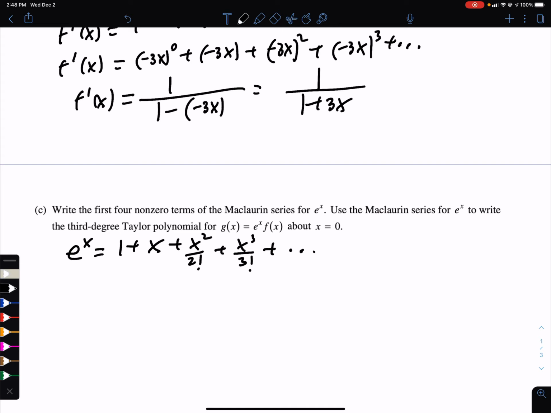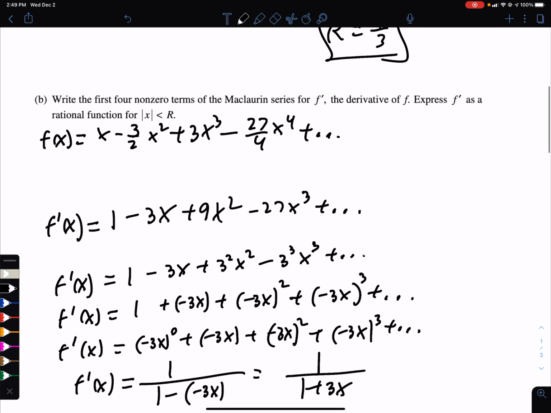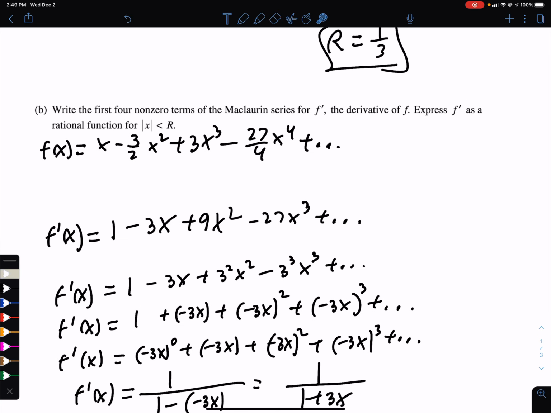Then they want to use the Maclaurin series for e to the x to find g of x, which is e to the x times f of x. Well, e to the x we have. But what is f of x? We have that right here.